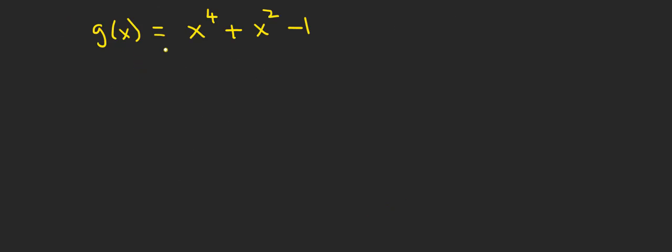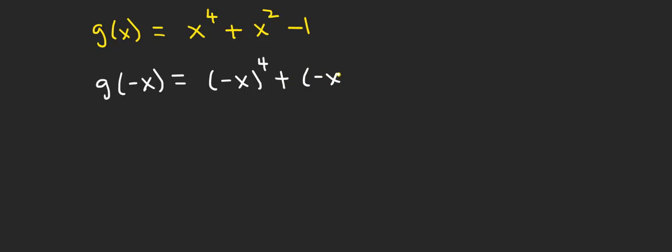Now we have g of x equals x to the fourth plus x squared minus 1. So we have g of negative x. We need to find out what happens when we substitute negative x for x. So we get quantity negative x to the fourth plus quantity negative x squared minus 1.